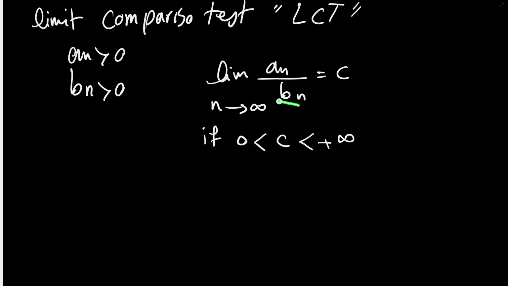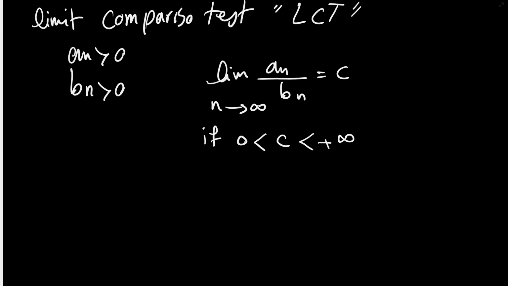So for example, if I know that sigma bn diverges, I can conclude that sigma an diverges, or if sigma an converges, then I can conclude that sigma bn converges. So if I know the behavior of one of them, then I can conclude the behavior of the other one.